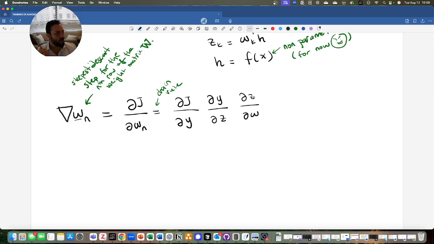And I know that my j actually involves all of the k values in it. So I'm actually calculating for all of the derivatives for the kth class.